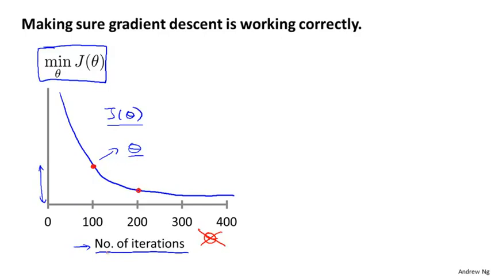And this point here corresponds to the value of j of theta for the theta that I get after I've run gradient descent for 200 iterations.